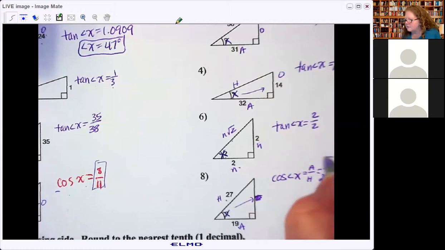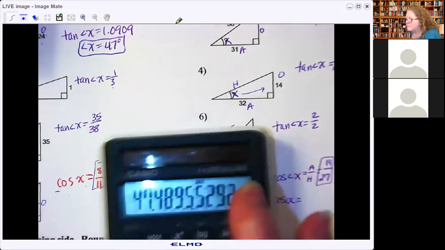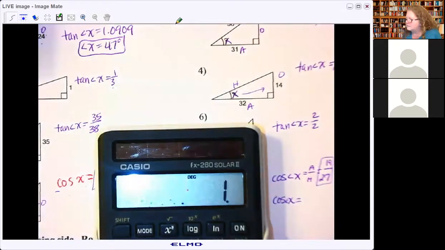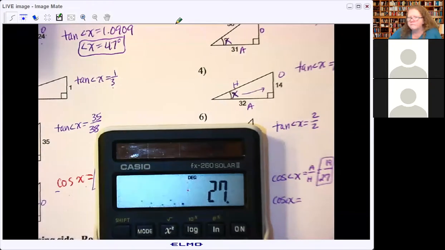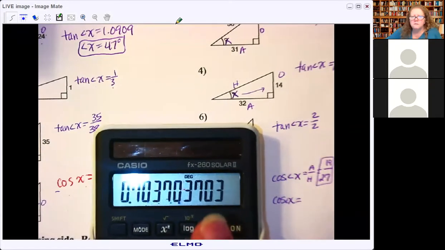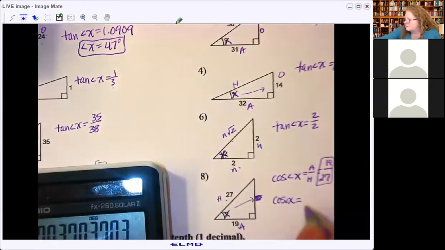Our second step is to turn that to a decimal. So I would have the cosine of my angle x is equal to 19 divided by 27 equals 0.7037.